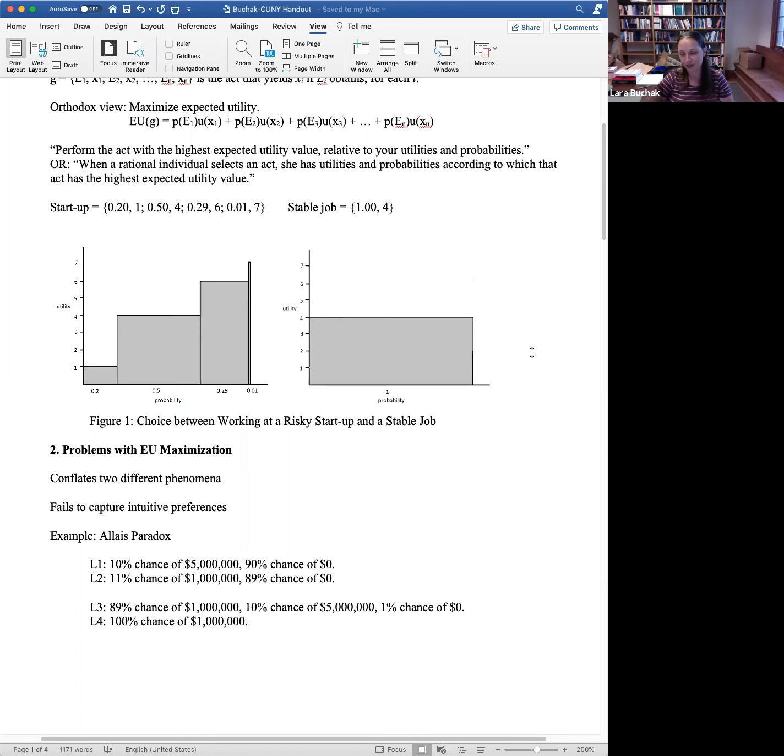Our second person, on the other hand, is a voracious coffee drinker. He just wants more and more coffee. On the other hand, he has the following attitude towards gambling. He says, look, it's really important to me that no matter what happens, something good results.